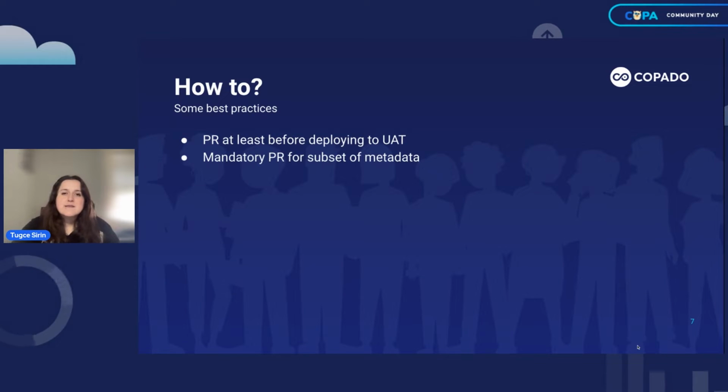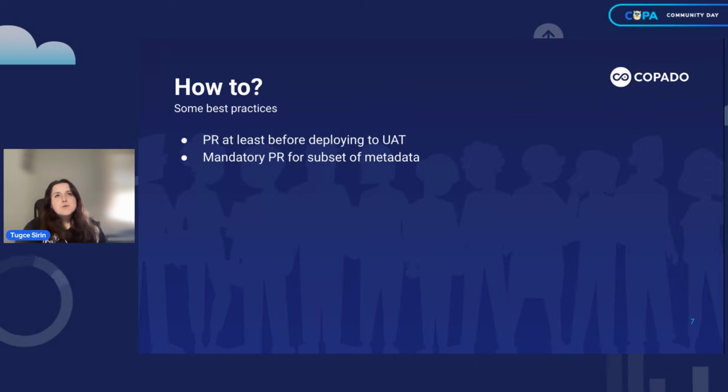Another best practice is having the pull request reviews mandatory for a subset of metadata, like code components, Apex, Visualforce, Aura, Lightning Web Components, etc. And also some Salesforce specific metadata like profiles, permission sets, layouts.